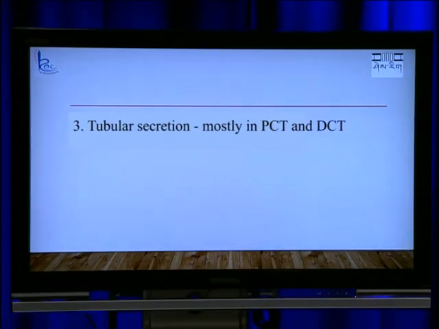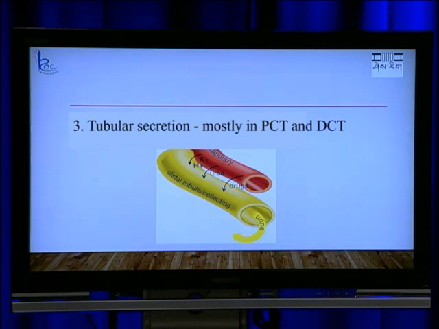The third important part of urine formation is tubular secretion, which is mostly again taking place in the PCT and the DCT. During the ultrafiltration, everything is not being removed.